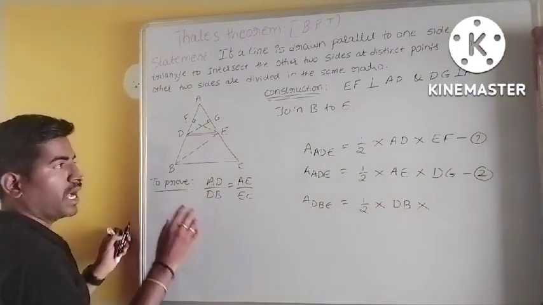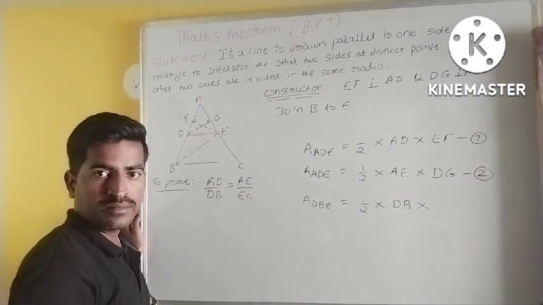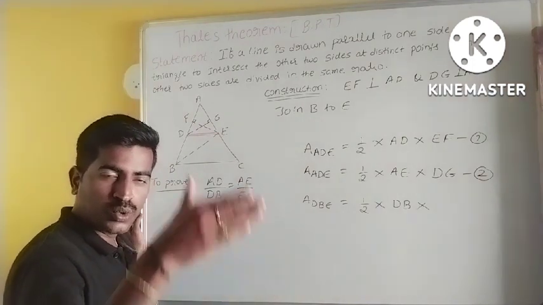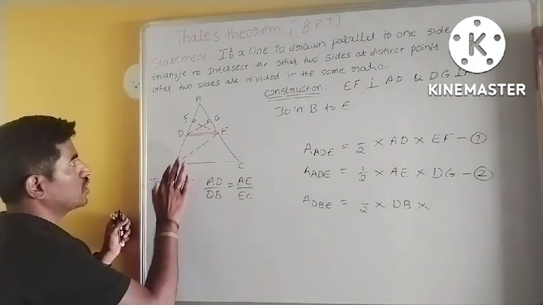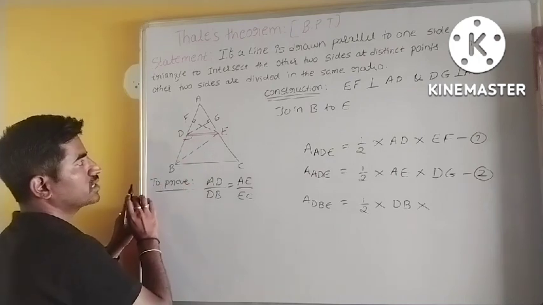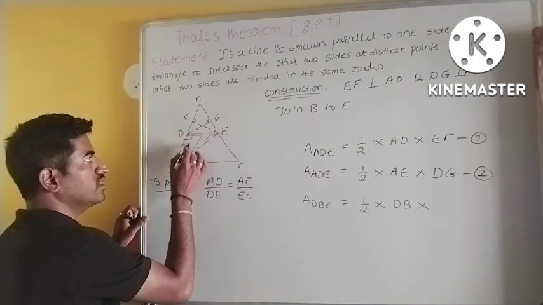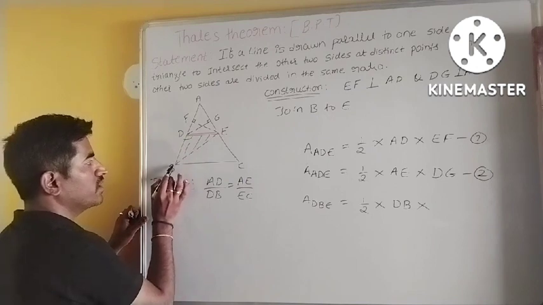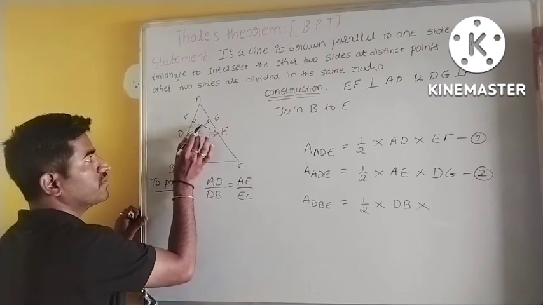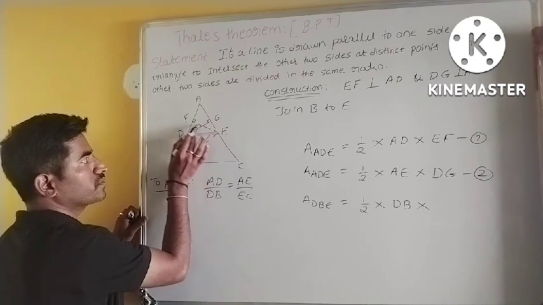As I have explained before this theorem, in an obtuse angle triangle we have to extend the base to get the perpendicular height. So now this is also an obtuse angle triangle. In this triangle, I will extend the base BD up to F, then I will get the perpendicular height EF.